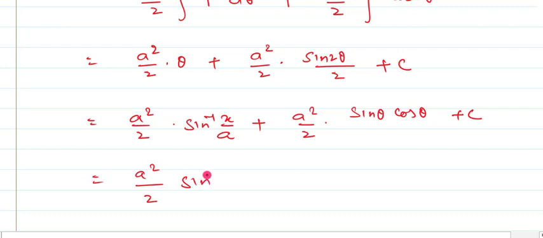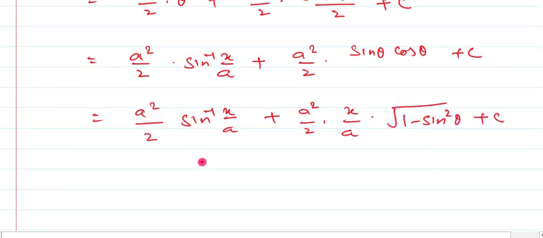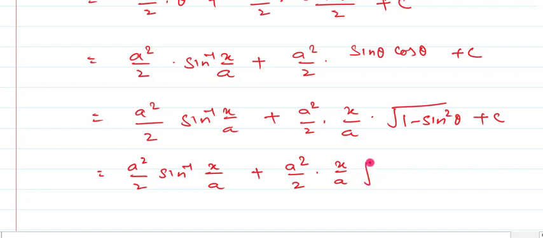It is a square upon 2 sine inverse x upon a plus a square upon 2 into x upon a, and for cos theta let us change it into root of 1 minus sine square theta, plus c. Again let us put the value of sine theta over here. It is a square upon 2 sine inverse x upon a plus a square upon 2 into x upon a into square root of 1 minus x square upon a square, plus c.